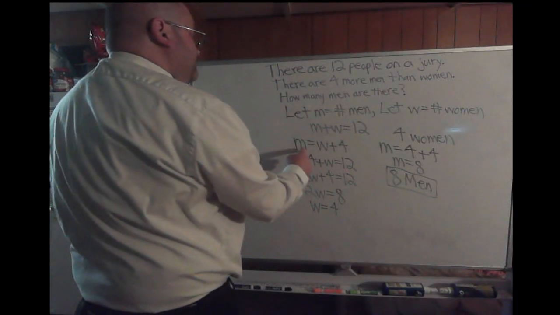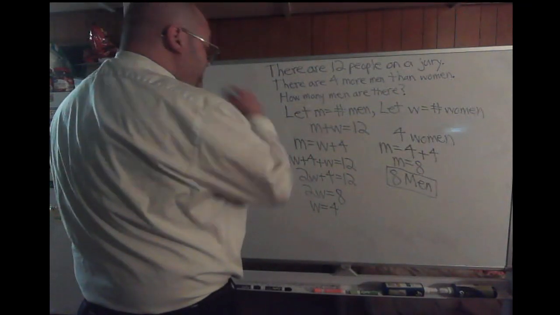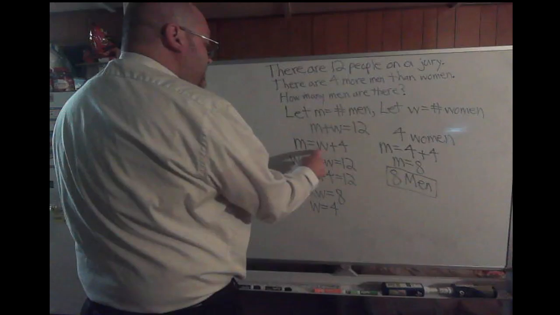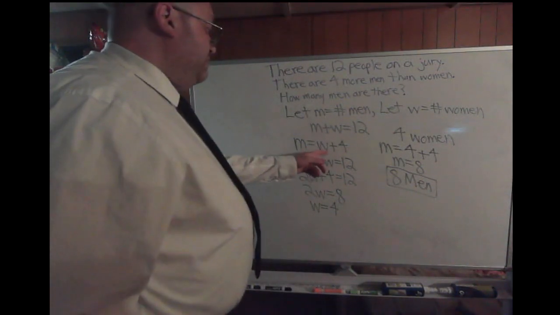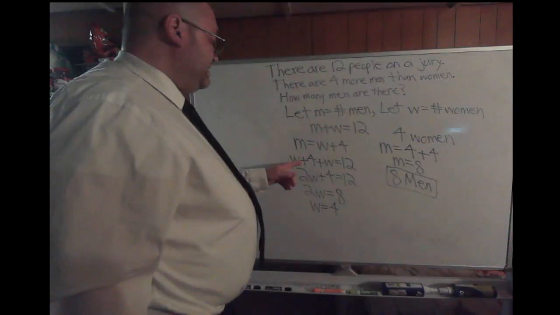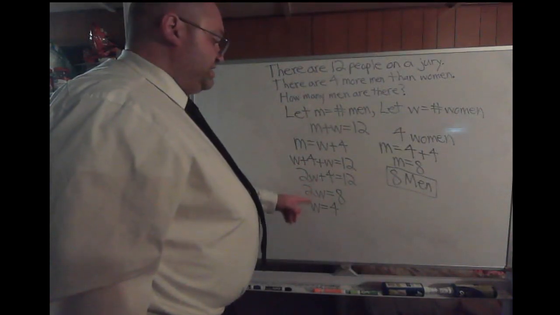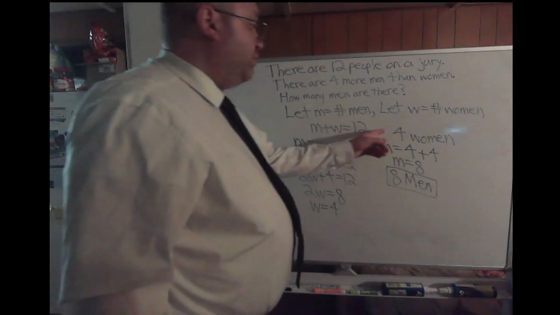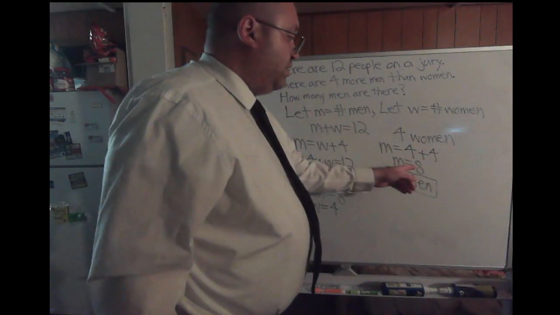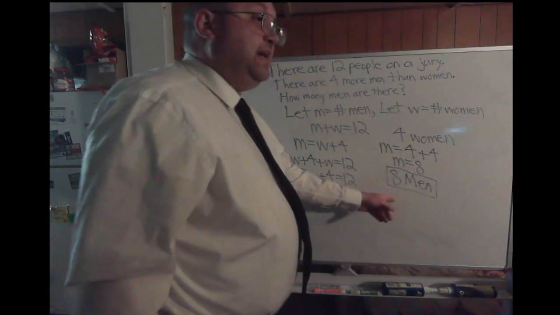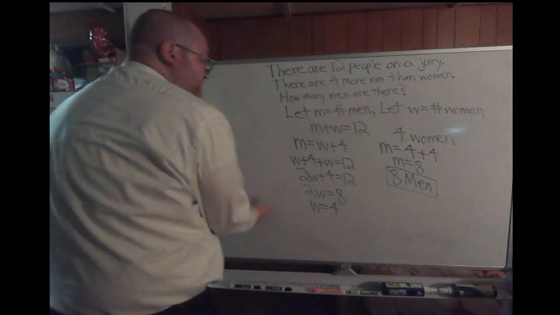Now it said that there are 4 more men than women, so the number of men equals the number of women plus 4. I could substitute the number of women plus 4 for wherever I see the M. I did just that, did the algebra, got 4 women. Well, the number of men is equal to 4 women plus 4, and so the number of men was 8. And I got some more examples here.